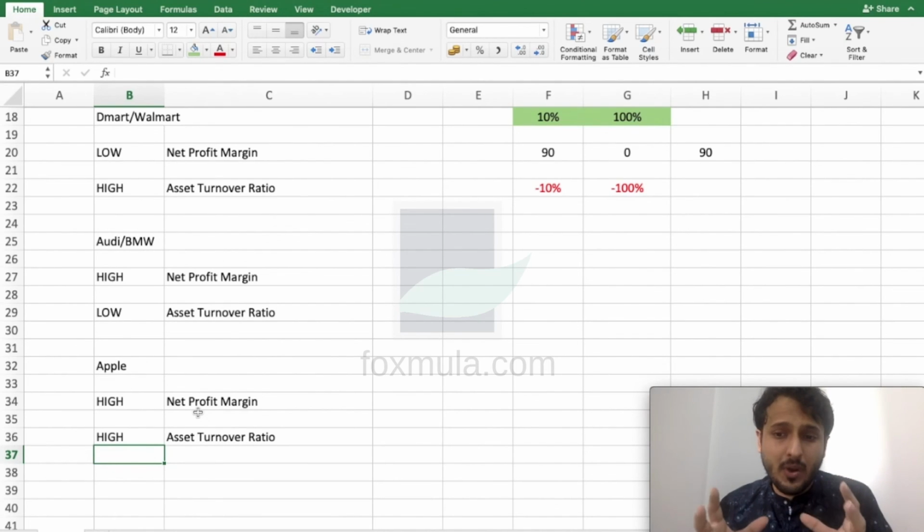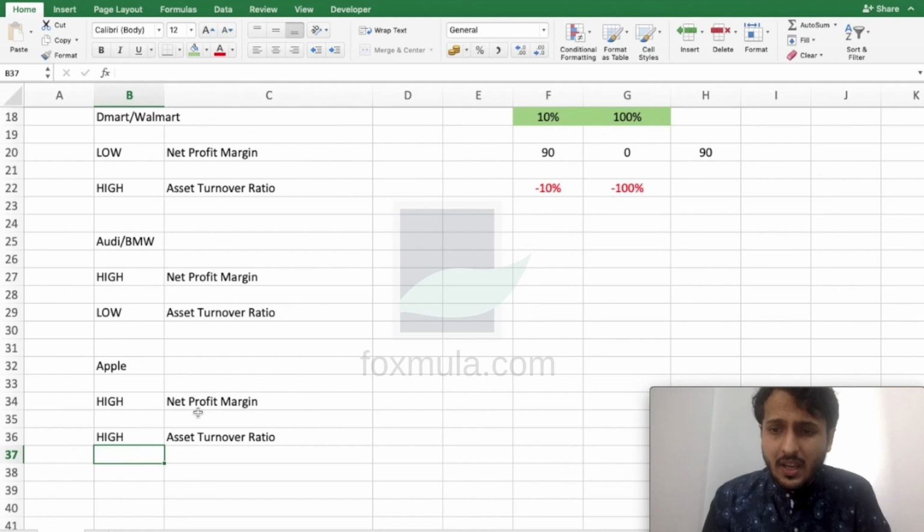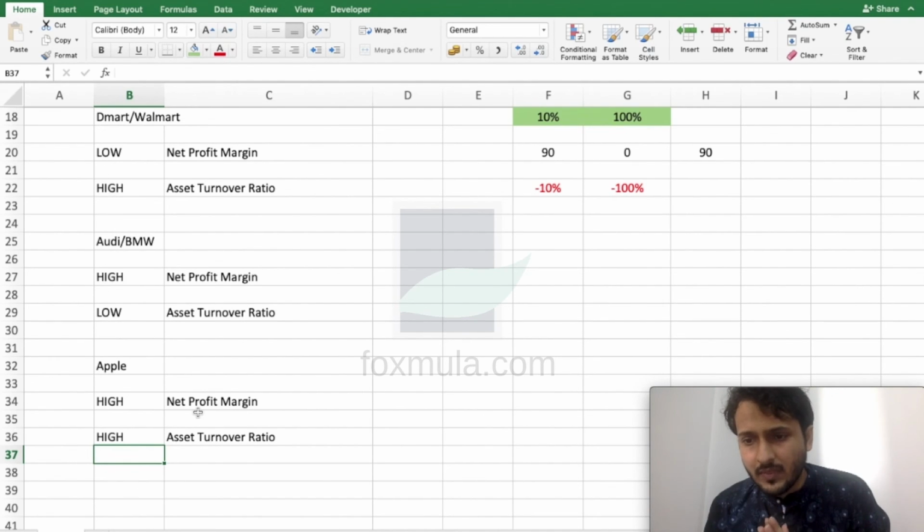I know that in vada pav the margin is so good. I'm selling it for 15 rupees and maybe the cost for making it is 7 or 8 rupees. Margin is good. But if I sell 2 or 3 or 10 vada pavs in a day, that will not do for me. This business is not doing good then. So I have to maintain a good balance between these two. I need a good net profit margin and I need a good asset turnover ratio as well.